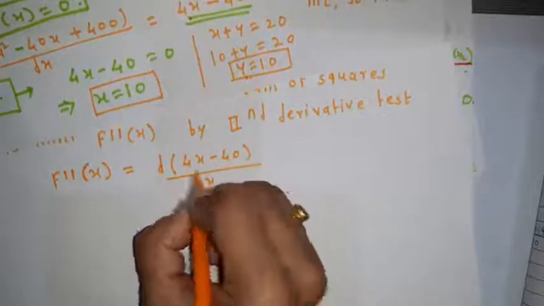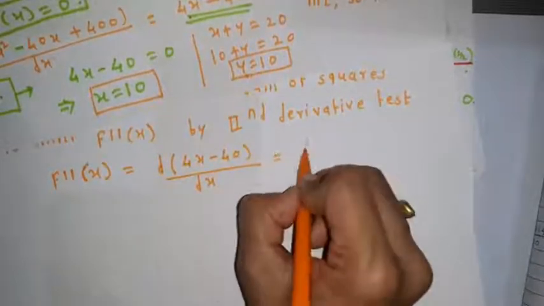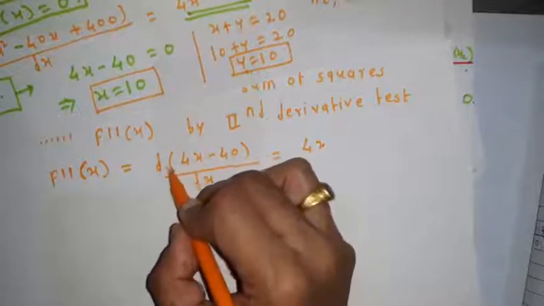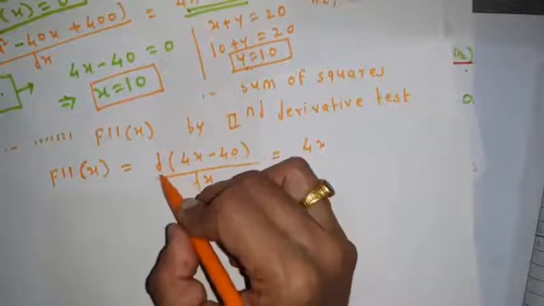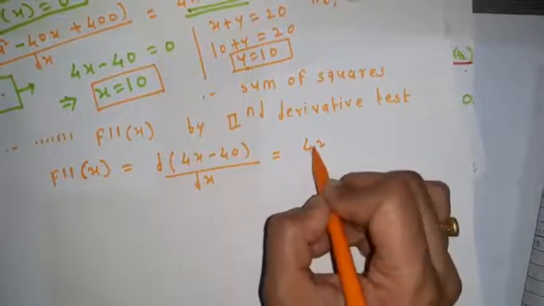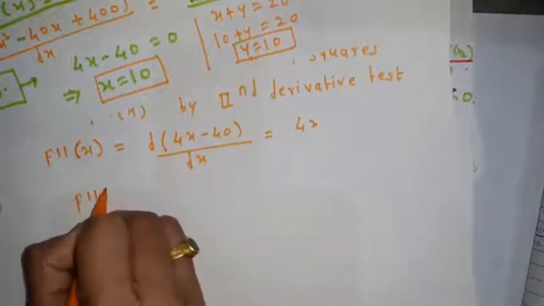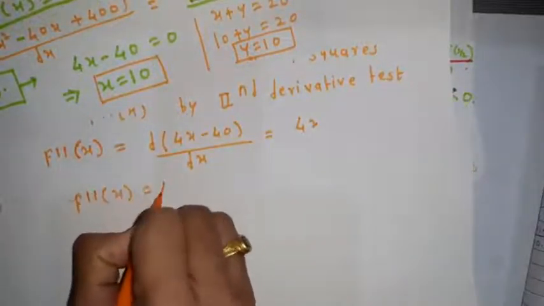Differentiation of f dash of x is equal to 4, since the differentiation of 4x is 4, the differentiation of x with respect to x is 1, and the differentiation of 40 is 0. Therefore f double dash of x equal to 4.